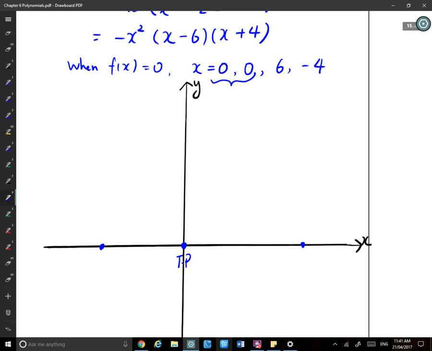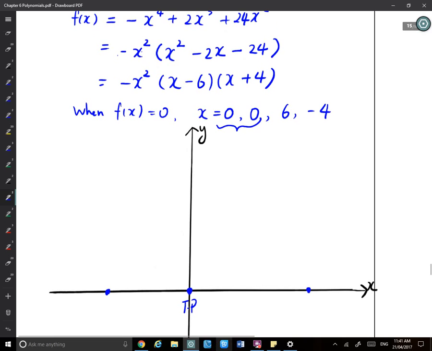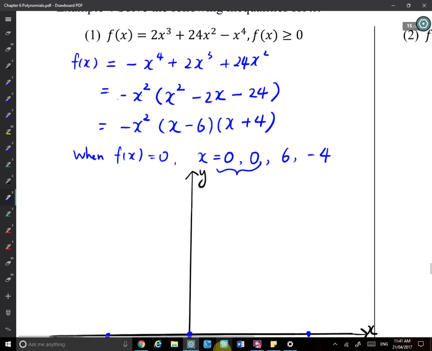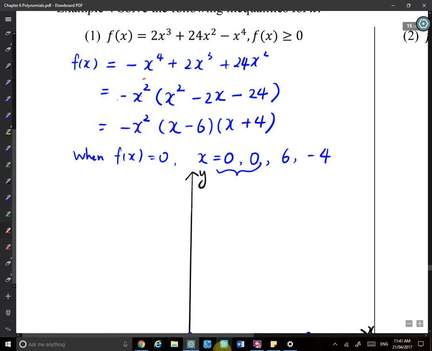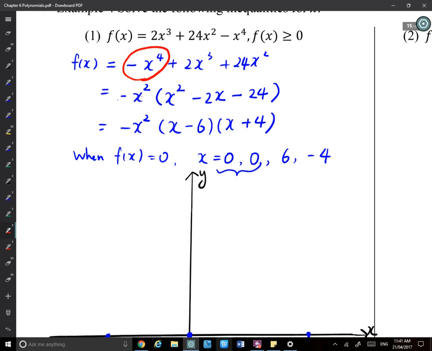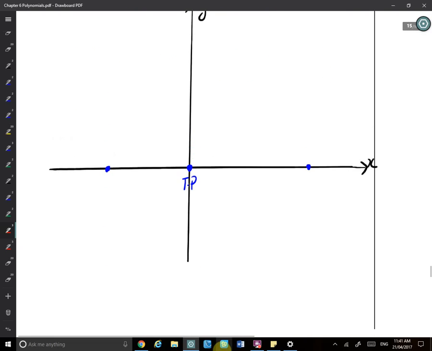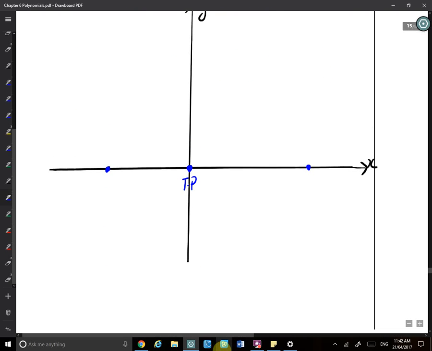And what's the next thing? Shape. Okay, where do you start your graph? Do you start at the right bottom or right top? Okay, you will start at right bottom because the leading term is negative. You will start from the bottom. Okay, start from the bottom here.